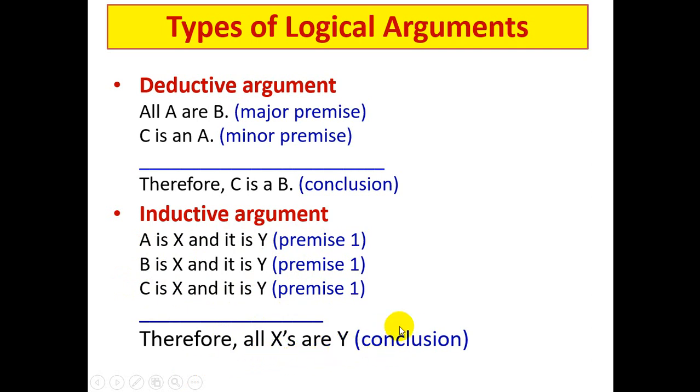This is the conclusion. You notice that we moved from the specific, a specific case, a specific case, a specific case, and we draw from all of these specific cases a general rule or a general law. So when we are moving from specific to general, this is induction or inductive argument here.